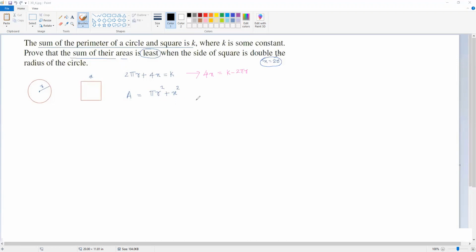So आपको उसमें से x मिलेगा, which is k minus 2 pi r divided by 4. So area is equal to pi r square plus x, that is k minus 2 pi r the whole divided by 4, उसका square.